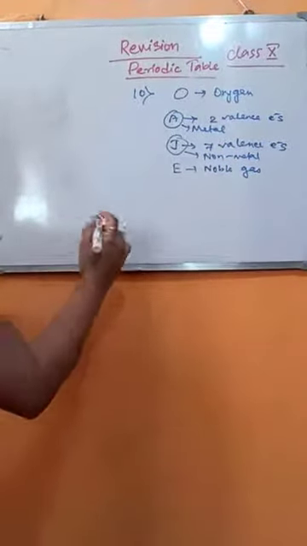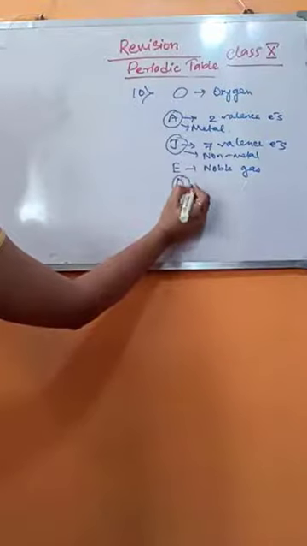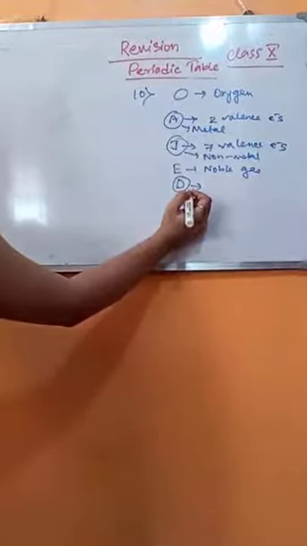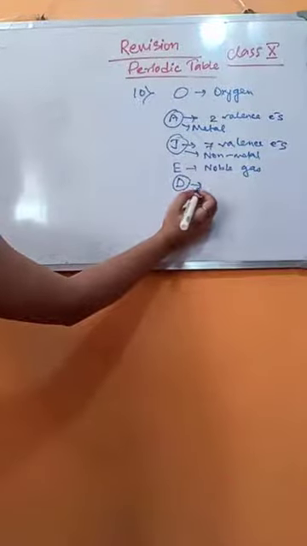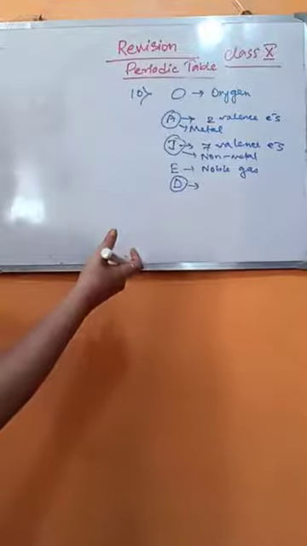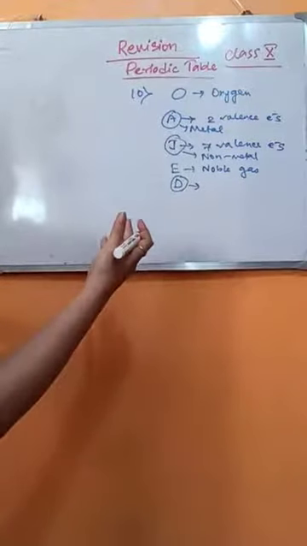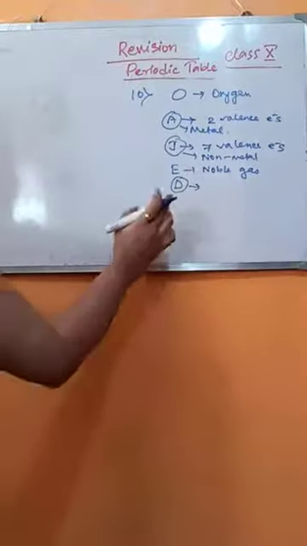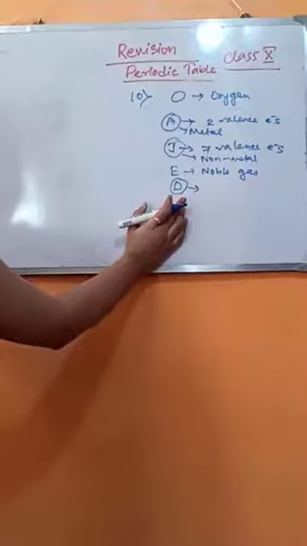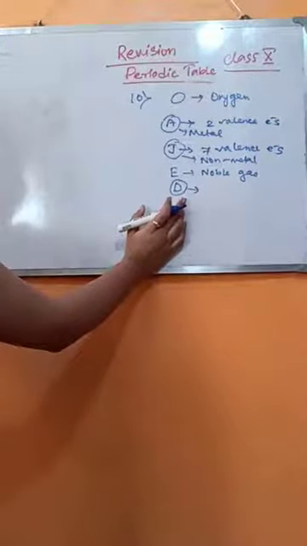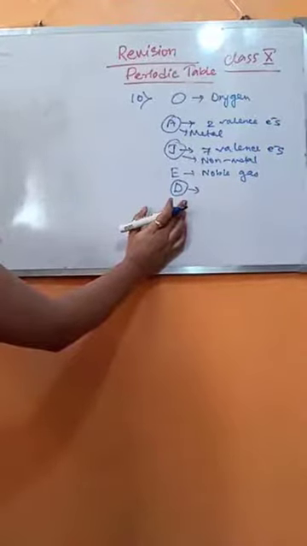So if it is having 3 valence electrons, then it can easily lose 3 of its electrons to become electropositive in nature. But D is basically, you can say, a hybrid between a metal and a metalloid.